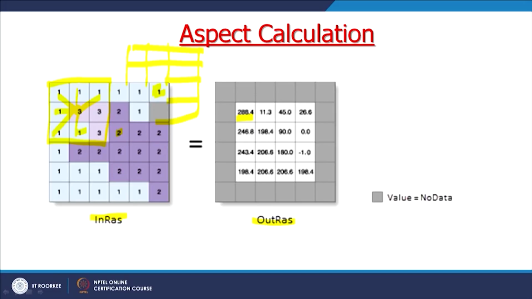That is why on the edges it cannot perform the calculation, and hence a no data value is assigned. This is just a schematic; you are not handling such a small matrix or small raster, you handle a raster which is quite big.